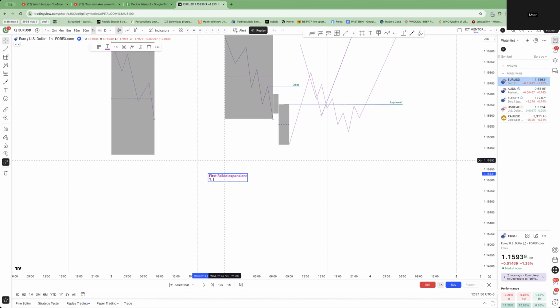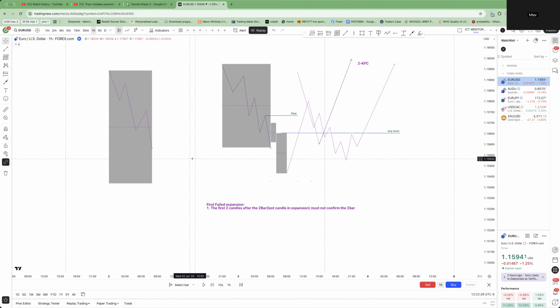When the first two candles after the 2 bar, as we all know, it's always the last candle of the expansion. The first two candles after the 2 bar must not confirm the 2 bar.